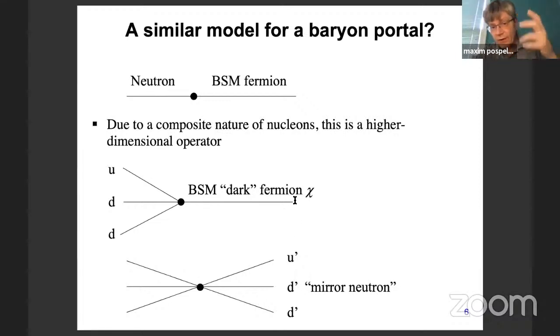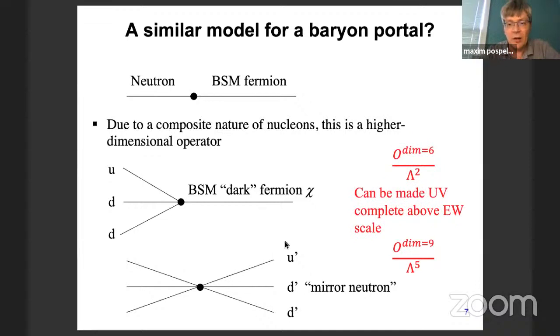Or if you think of this fermion being some sort of a mirror neutron, then you have three primed quarks on the other side, which means that this is an even higher dimensional operator. So just counting dimensions and understanding how they scale, this is a 4 fermion operator, dimension 6, normalized on lambda squared.